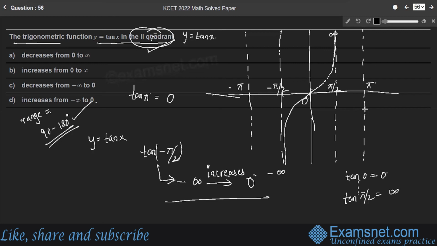So the trigonometric function y is equal to tan x increases from minus infinity to 0 in the second quadrant. Looking at the options, increases from minus infinity to 0, Option D is the right answer.